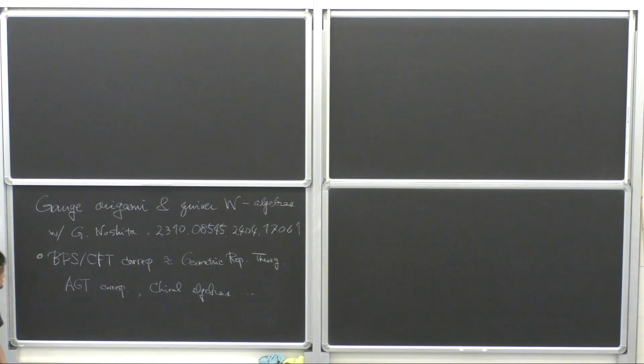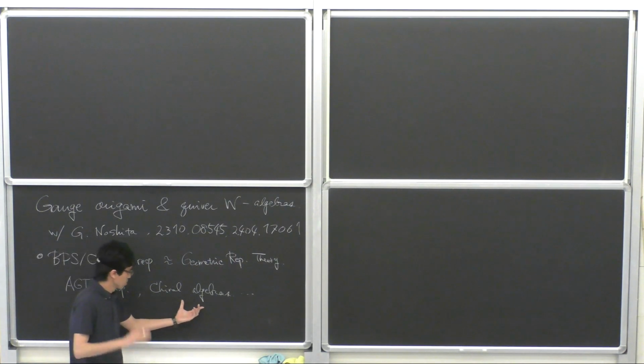AGT is associated, for example, to 4D N=2 supersymmetric theory. If you want the 5D N=1 version, that is the S1 compactification, you can even think about the torus compactification of 6D theory.